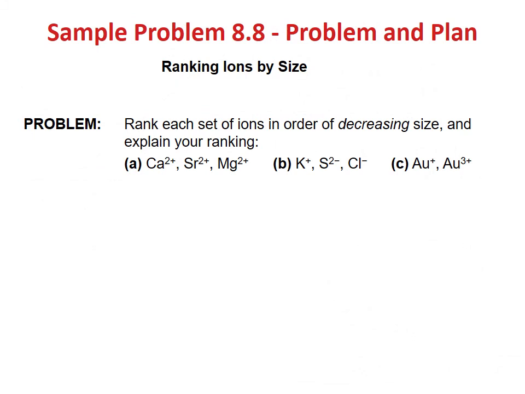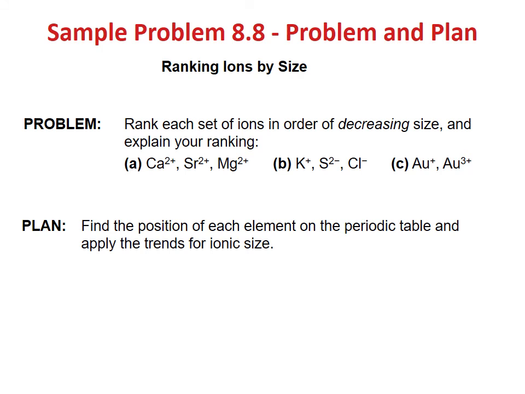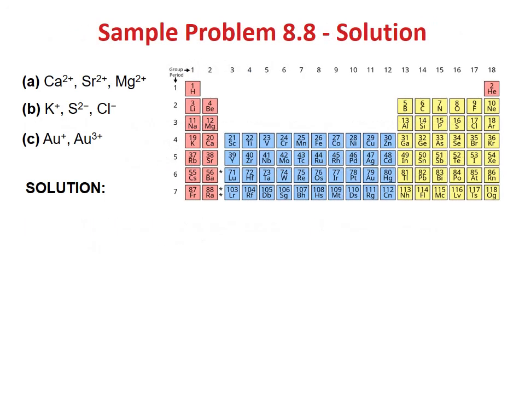Sample problem 8.8. Rank each set of ions in order of decreasing size and explain your ranking. So we'll find the positions of each element on the periodic table and apply the trends for ionic size. A. Calcium, strontium, magnesium.